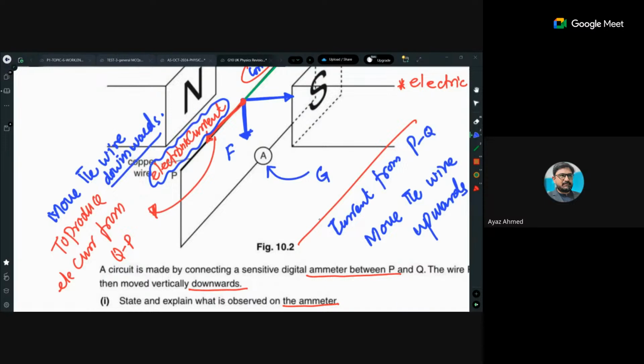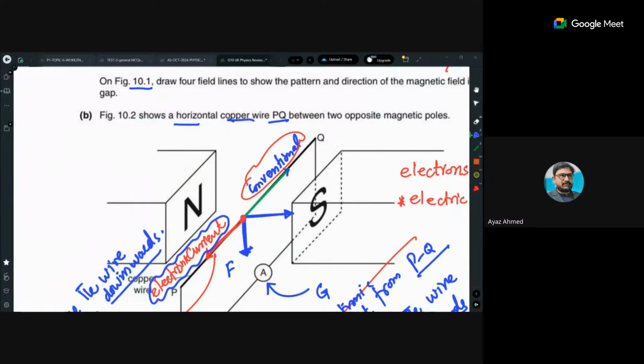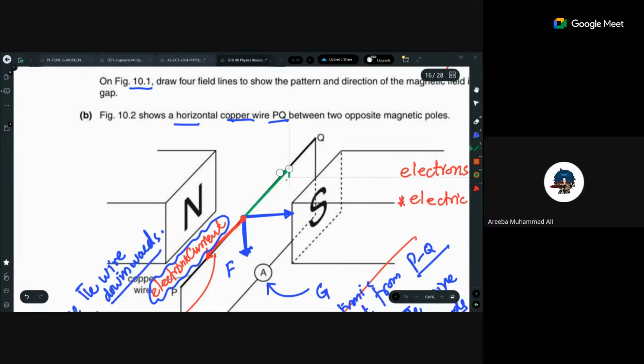And if the electronic current is from P to Q, then apply Fleming's left hand rule for electronic current from P to Q. Okay. Then it's downwards.